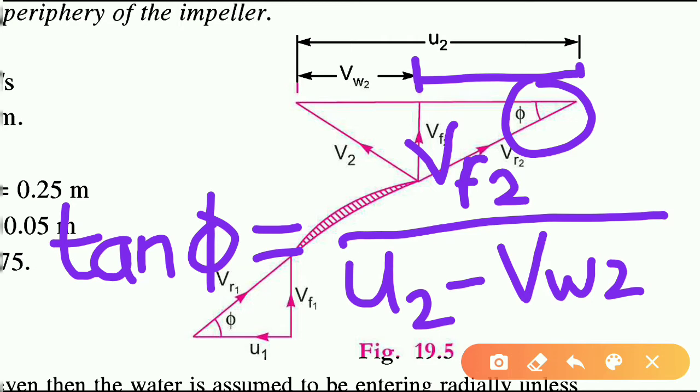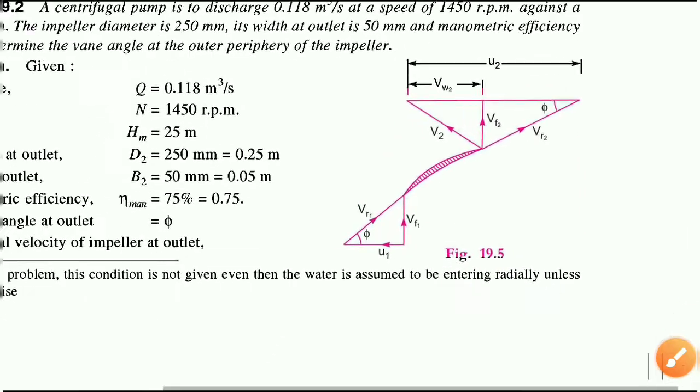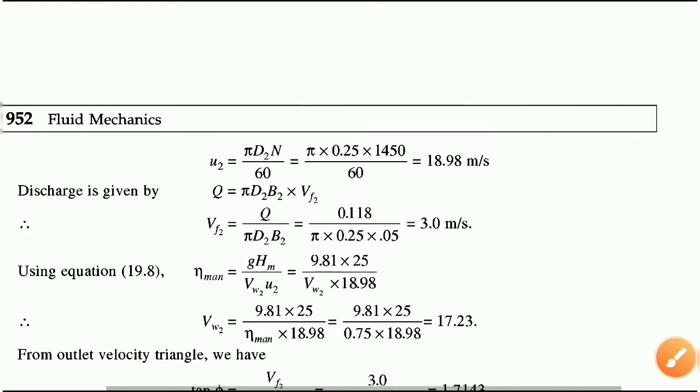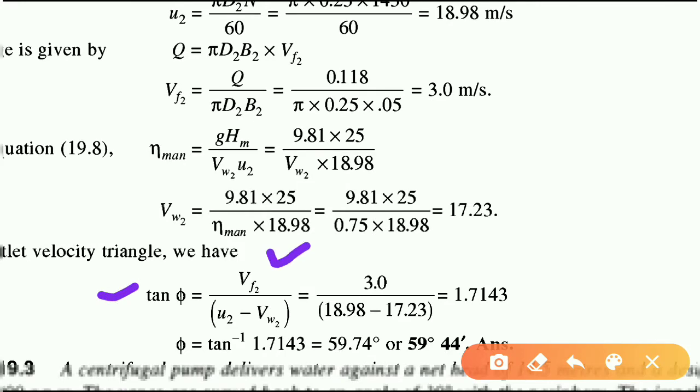So firstly, reverse engineer this: we need to know the value of Vf2, the value of U2, and the value of Vw2 from whatever figures are given in this problem. So if we need to find out this tan phi, we firstly need to find out Vf2, U2 and Vw2.